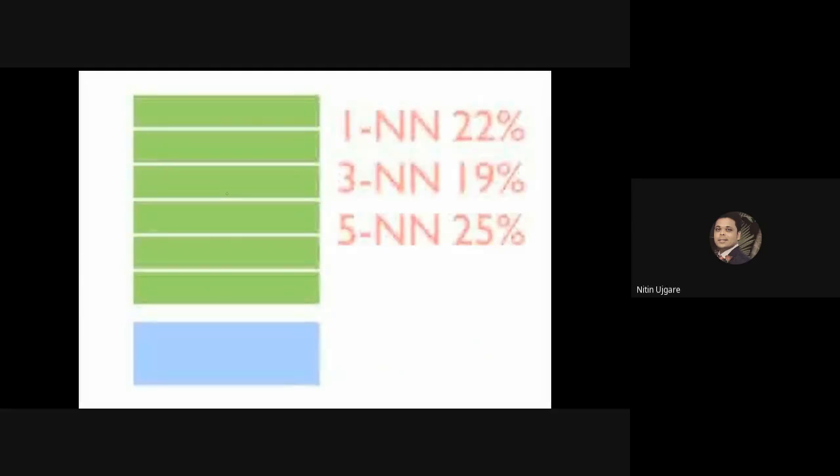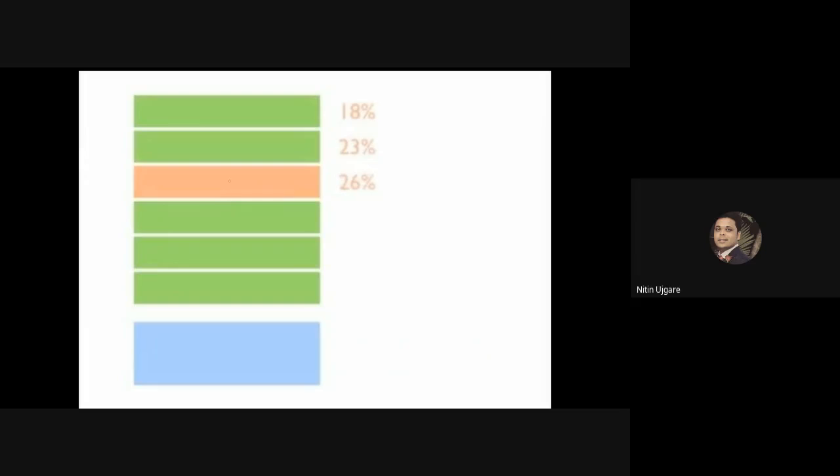The first fold is kept aside, and using the remaining 5 folds, we trained the machine learning algorithm. The error rate for the first iteration is 18%, for the second iteration it is 23%, and so on. Then we found the average cross validation error for 1NN, 3NN, 5NN, and 7NN.